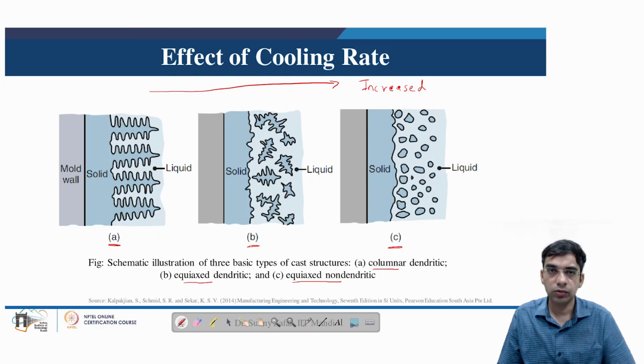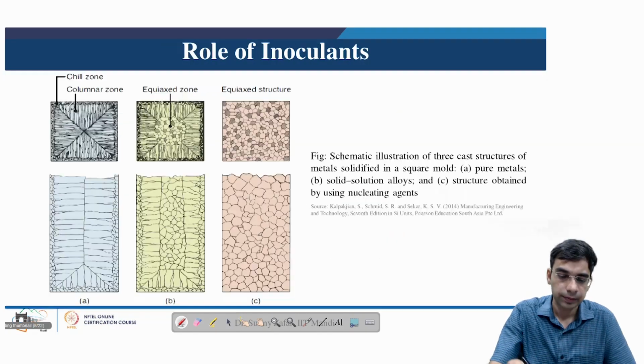When we increase the cooling rate, the opportunity to form grains increases because there is a sudden loss in heat. Therefore many localized regions in the liquid metal start solidifying, because of which instead of long dendritic structures, we have short grains, which are termed equiaxed non-dendritic grains.